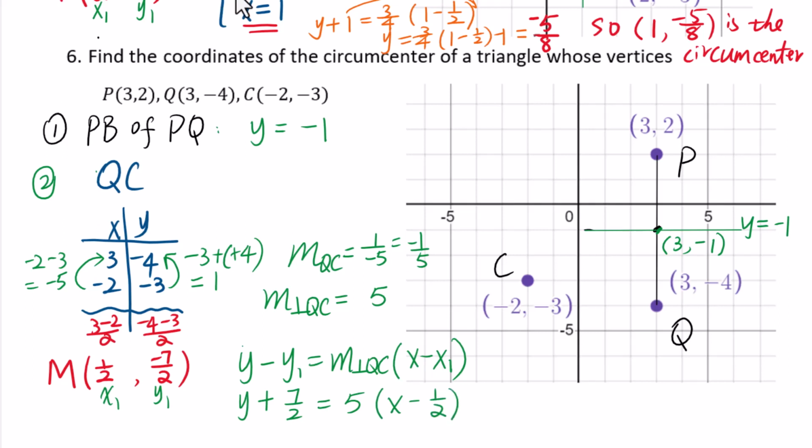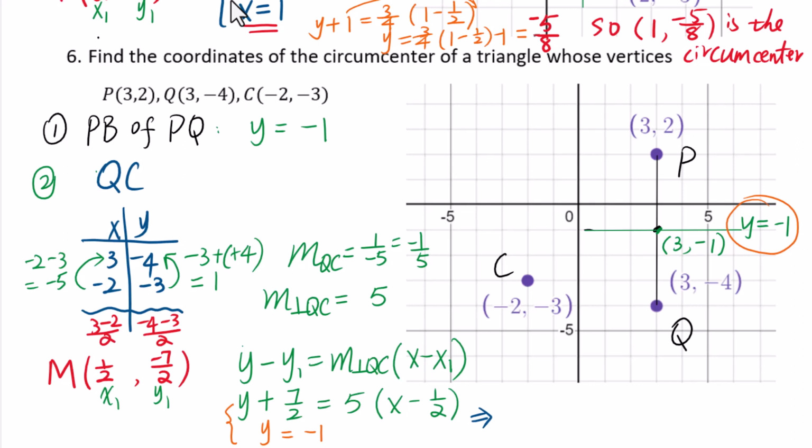We will form a system of linear equations to solve for the circumcenter of this triangle PQC. We already figured out y equals negative 1 is one of the equations of a perpendicular bisector in this triangle. We will do the substitution first. y equals negative 1.